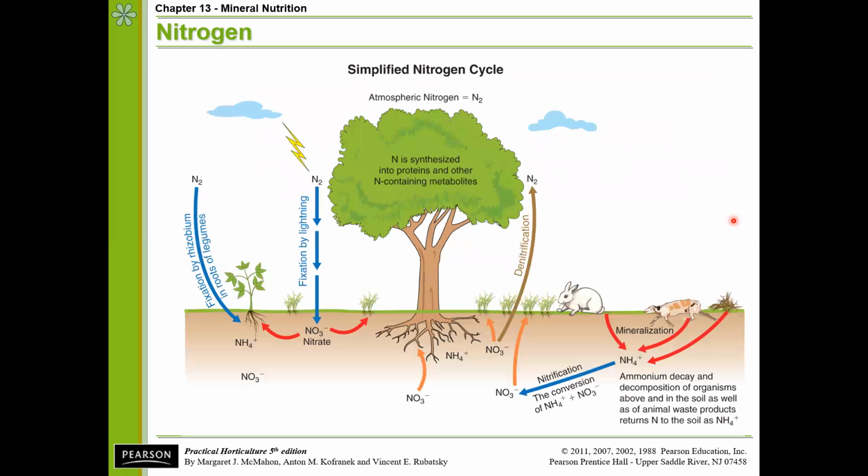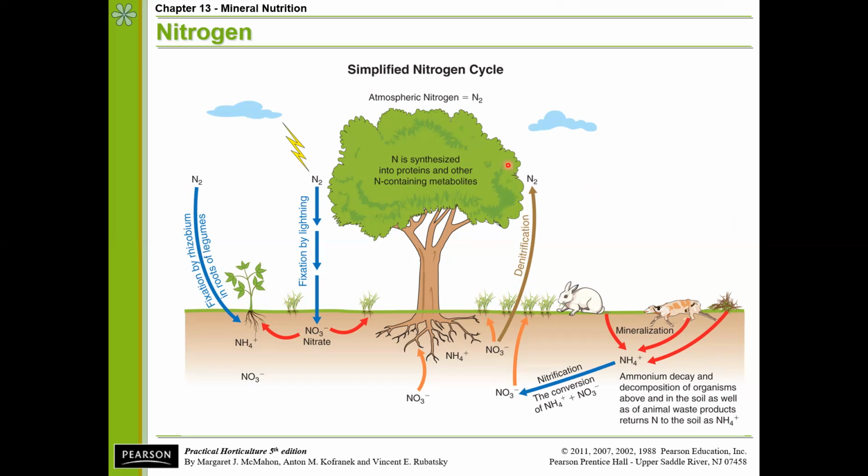Here's a very simplified version of the nitrogen cycle. We talked about how in air, there's actually more nitrogen than there is oxygen, more nitrogen than there is anything else. So we have all this nitrogen floating around in this form, N2, two nitrogen atoms bonded together.